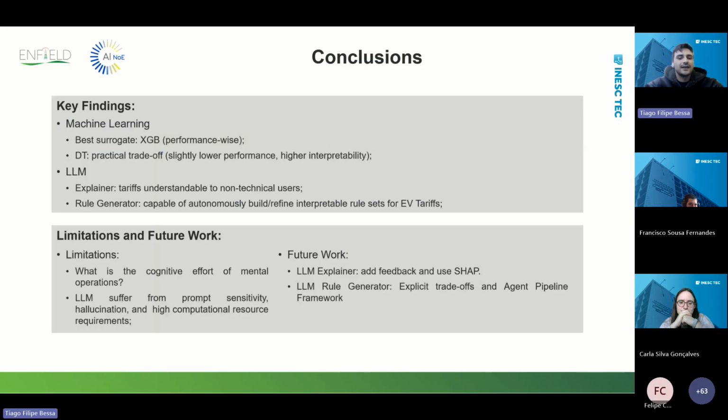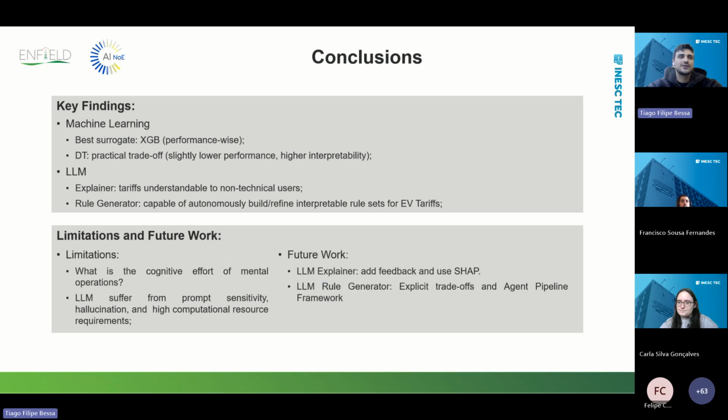To conclude, we have here two main stages. The first one, using machine learning, provided the following results. First, the best surrogate was indeed XGBoost performance-wise. But for the purpose of this work, which was to make the EV charging tariffs interpretable, the decision tree offered a practical trade-off, because although it has slightly lower performance, it enables the direct extraction of the decision-making process.